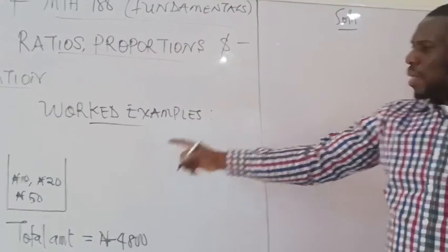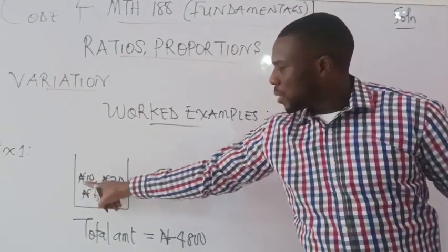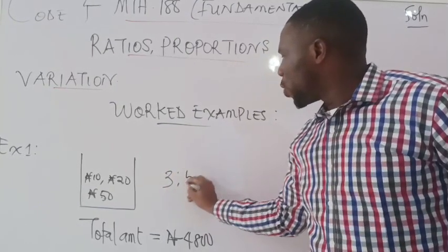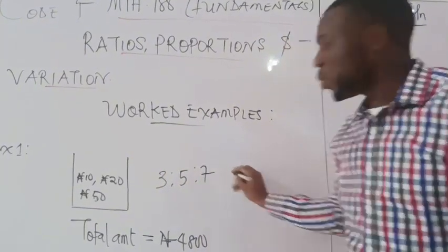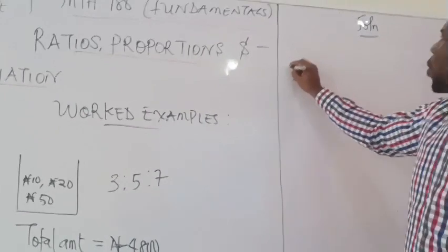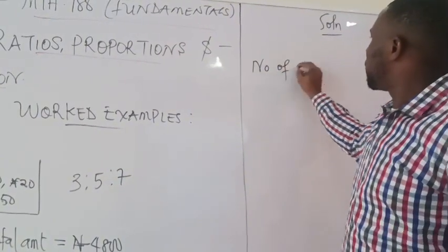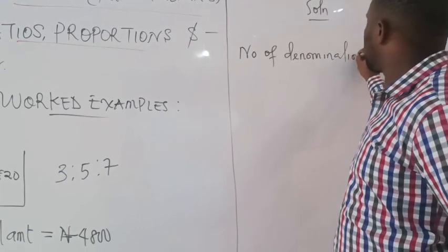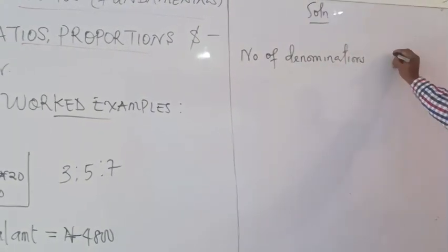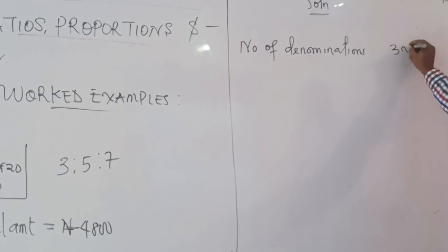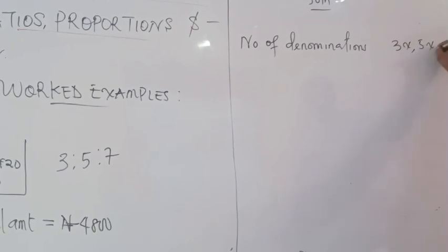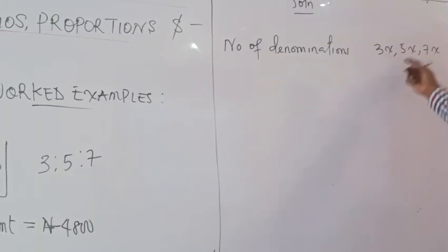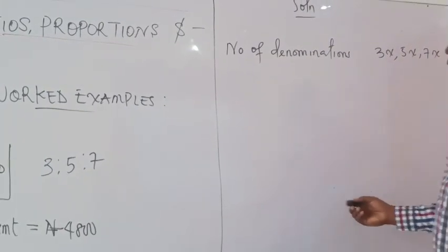Solution. I assume that these denominations in the bag are in the ratio 3 to 5 to 7. So the number of denominations, given the ratio 3 to 5 to 7, let the numbers of these notes be 3x, 5x, and 7x respectively.